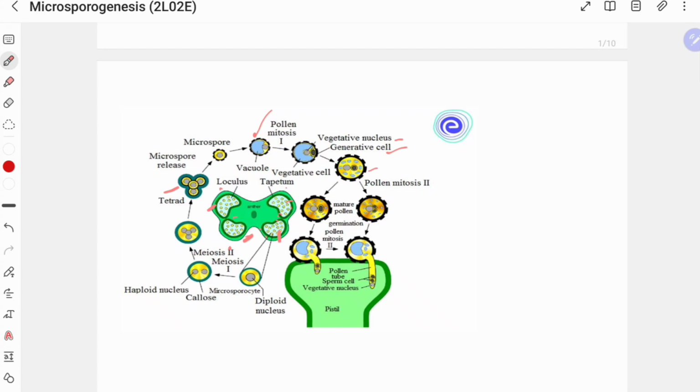The vegetative nucleus develops the pollen tube, and these pollen tubes enter into the pistil.